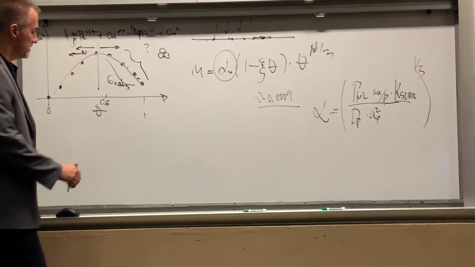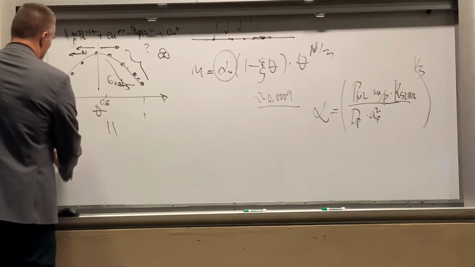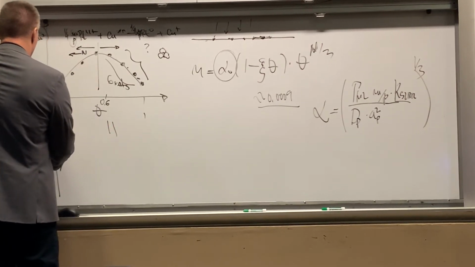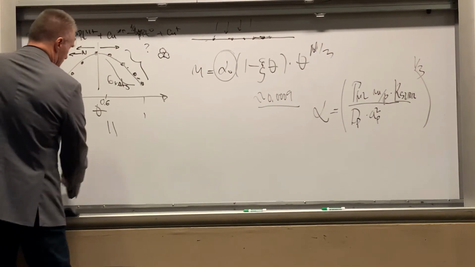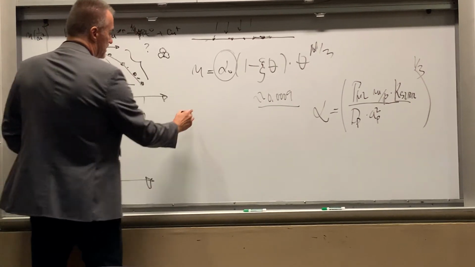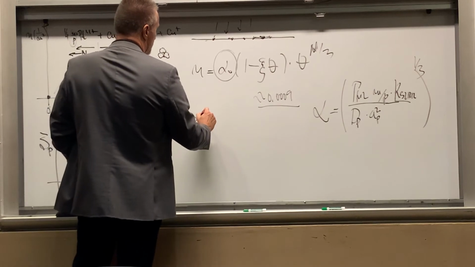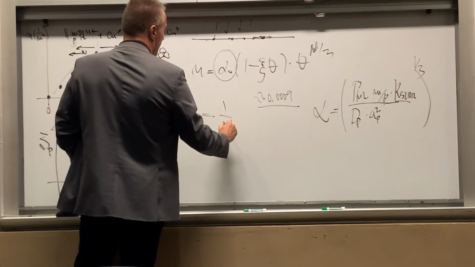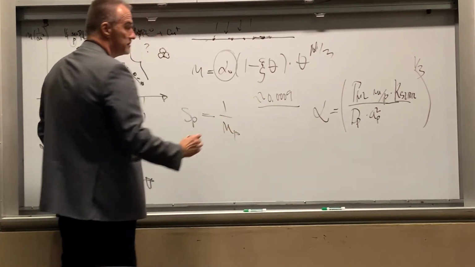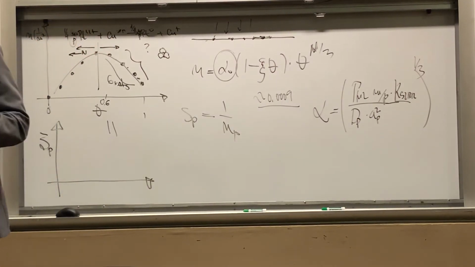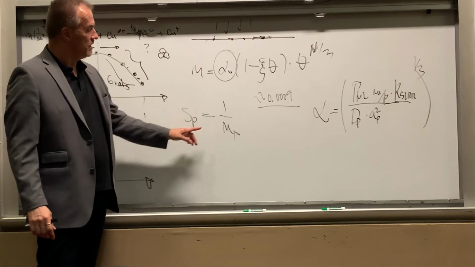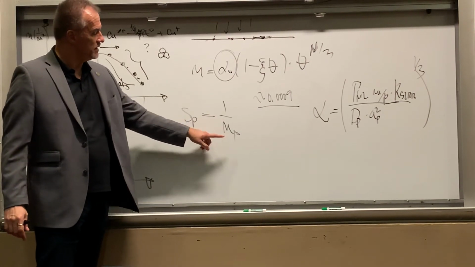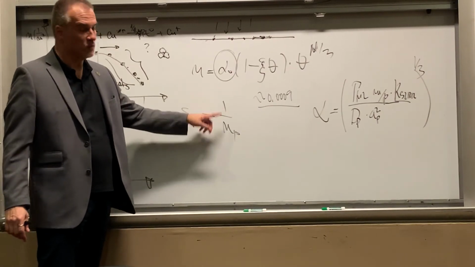Or, let me translate this for you. If this is S_p, which is the average size of the cluster, the size of the P cluster is 1 over N_p, right? If you remember this relation, because N_p is the number of clusters per unit area, and it is proportional to 1 over this, right?